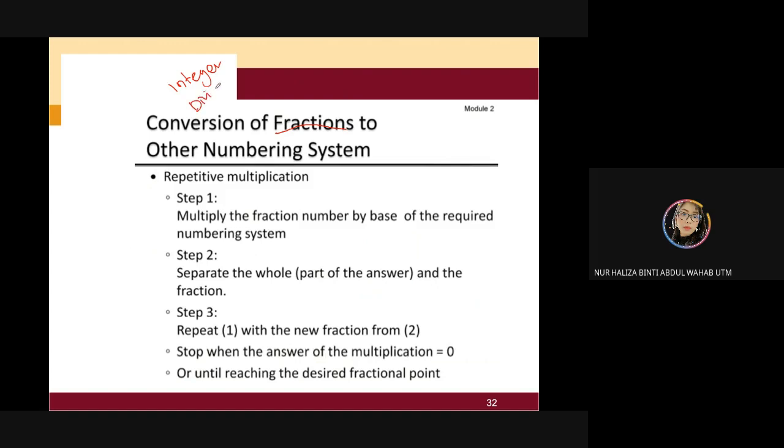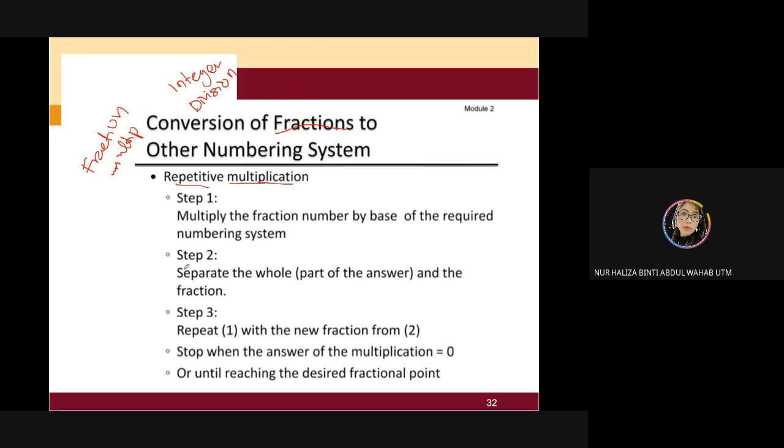You're going to use division. For fraction number, you will use multiplication. So you're going to do repetition of multiplication.